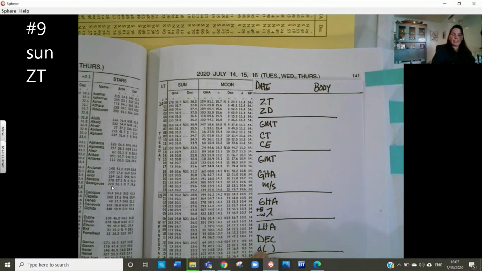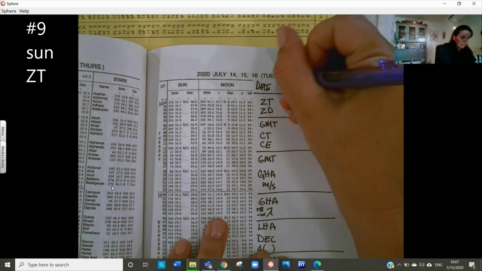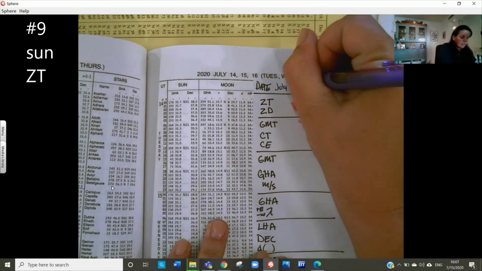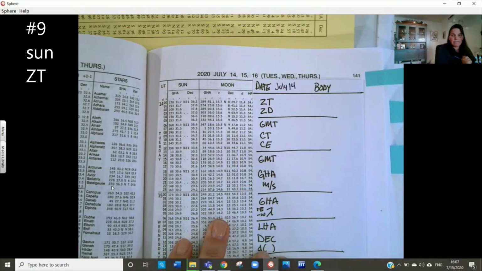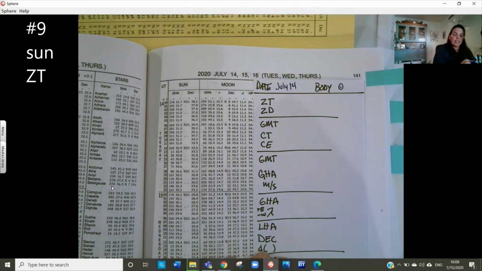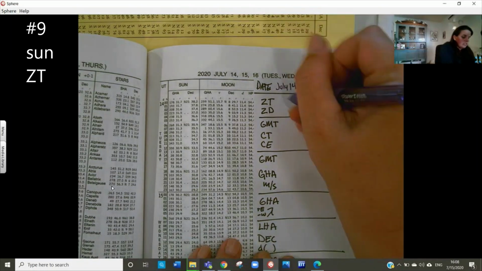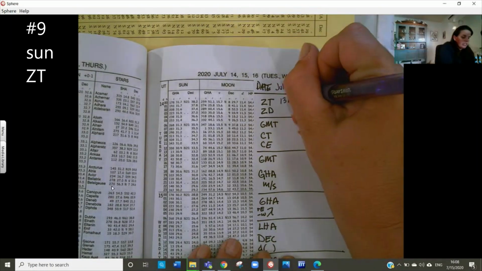Okay, so number 9, we have our date of July 14th, yesterday, and the body we're observing is the sun. Again, they gave us zone time and chronometer time, so we need to convert that to GMT. So our zone time was 13:15.